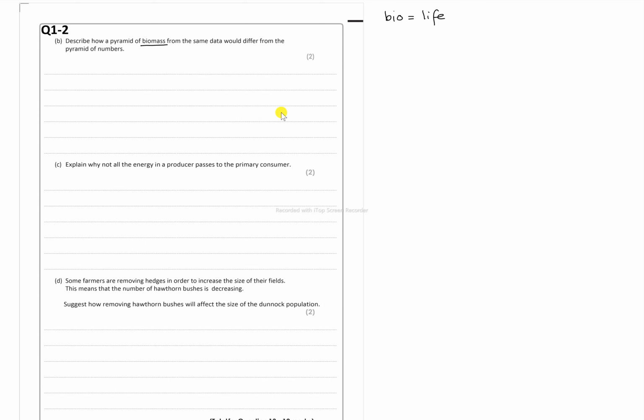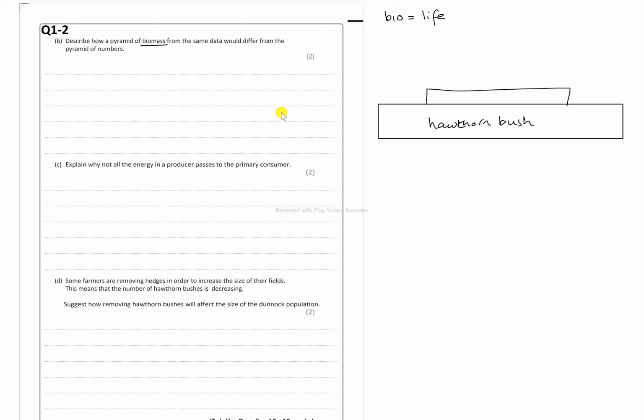Right, okay. If you think about it, the hawthorn bush is, in terms of mass, it's going to be huge, right? Then you've got caterpillars. Right, let me try that again.